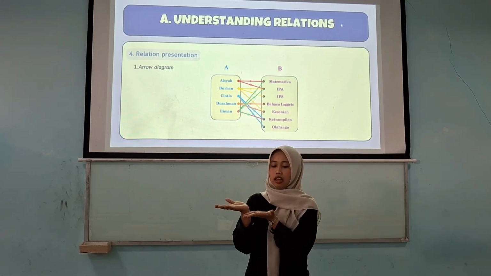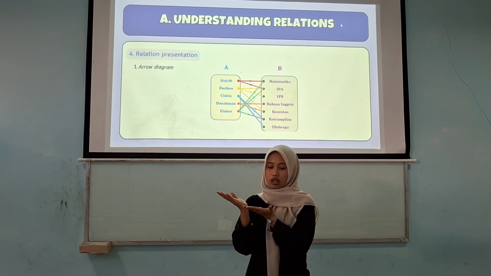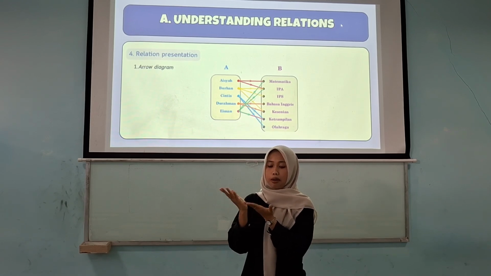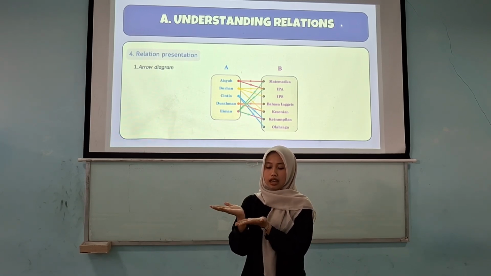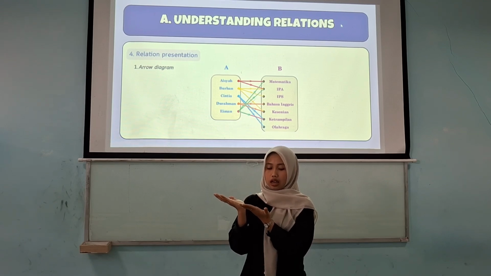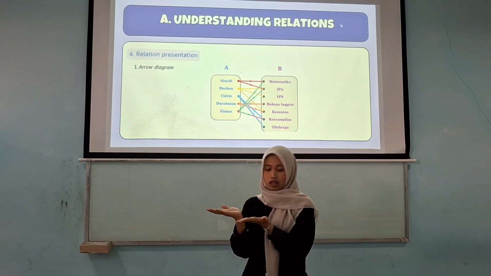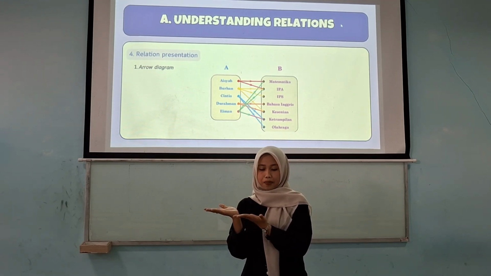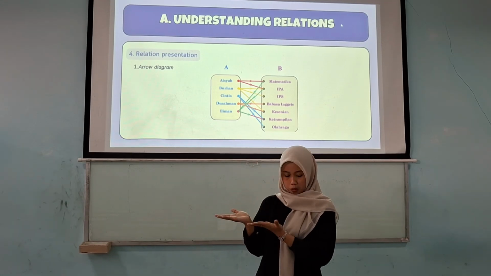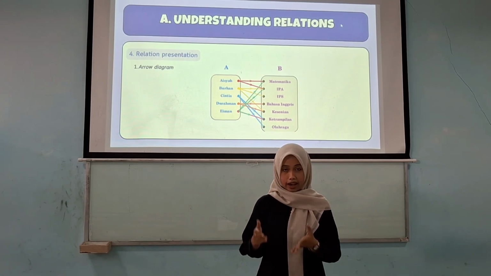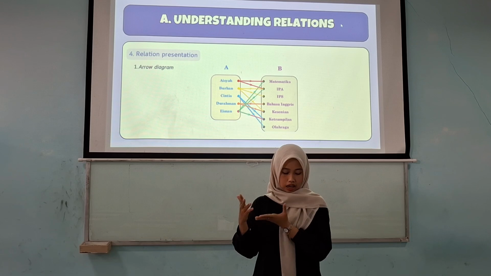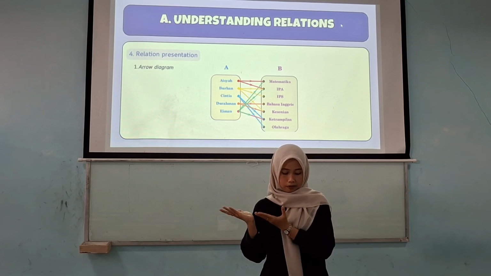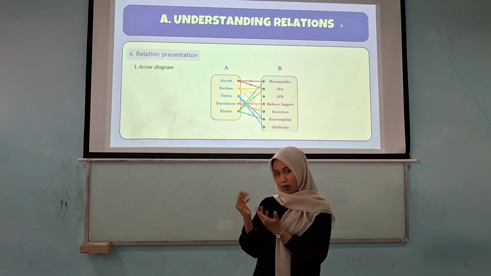Aisyah: math and science. Burhan: science, social studies, and art. Cynthia: skills and sports. Abdurrahman: English and art. And Aiman: skills, science, and math.